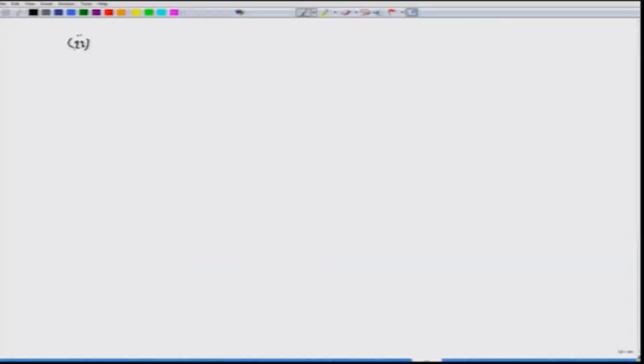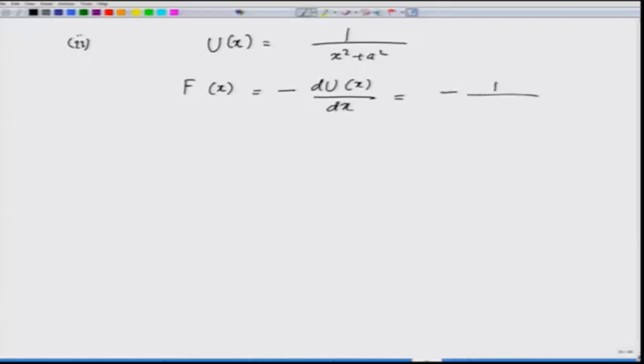The second problem in this is U(x) equals 1 over x square plus a square, and therefore, the force F(x) is going to be minus dU(x) over dx, which will be minus 1 over x square plus a square times 2x, and there is a minus sign on the outside, which comes out to be 2x over x square plus a square raised to 4.